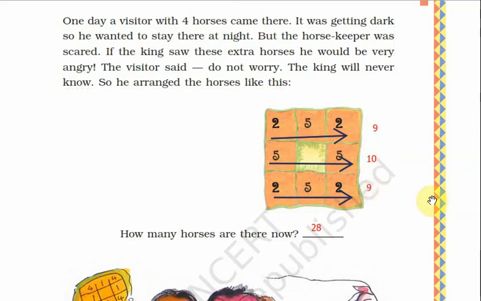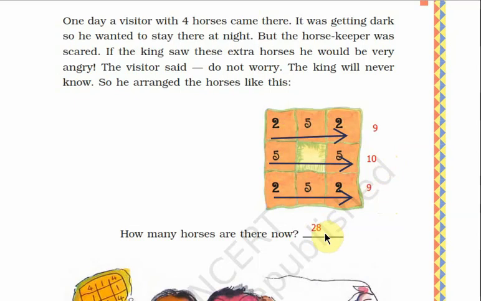So how many horses are there? 9 plus 10 is 19. 19 plus 9, you will get a total of 28 horses. Actually, the king is having how many horses? The king is having 24 horses, and these extra 4 horses belong to the visitor.